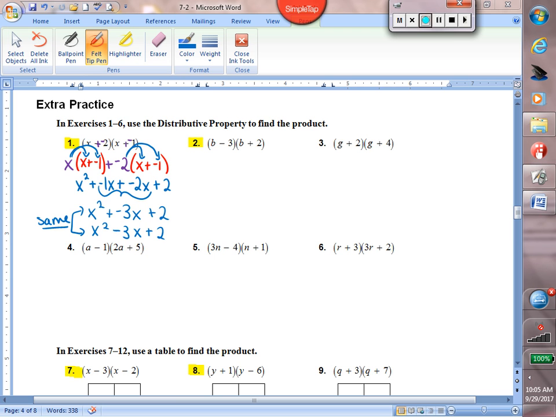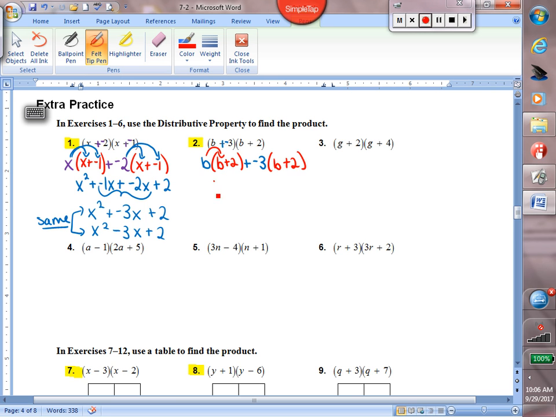What I'd like you to do here is take a minute to pause and try out number 2. When I start number 2, I'm going to change my subtraction to plus and negative. I'm going to take my first binomial and I'm going to split it apart. And then multiply each piece of the first binomial by the second binomial.